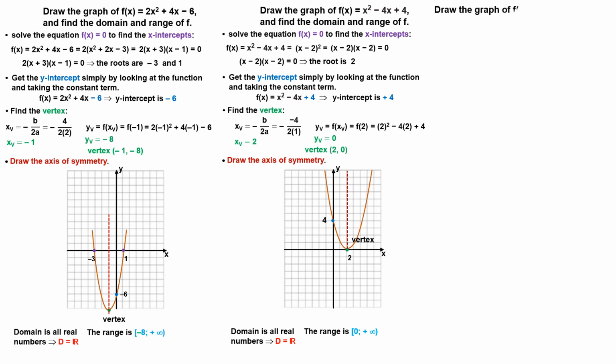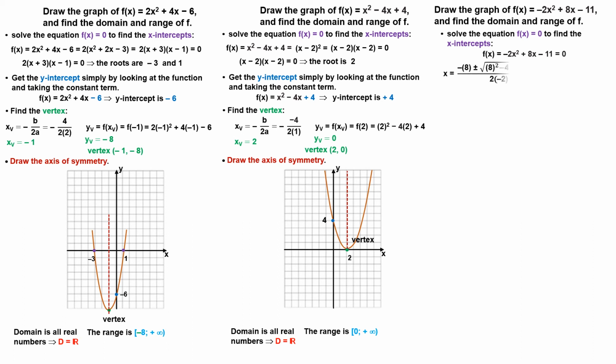Draw the graph of function f and find the domain and range of f. Solve the equation to find the x-intercept. We will not be able to factorize this equation, so we use the quadratic formula.